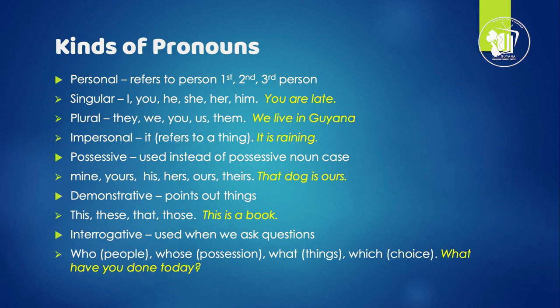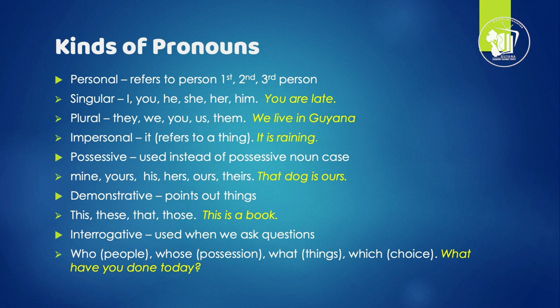Example of a sentence using the possessive pronoun is, that dog is hers. Another kind that we have is the demonstrative, and it points to things. Examples of these are this, these, that, those. Example in a sentence, this is a book.